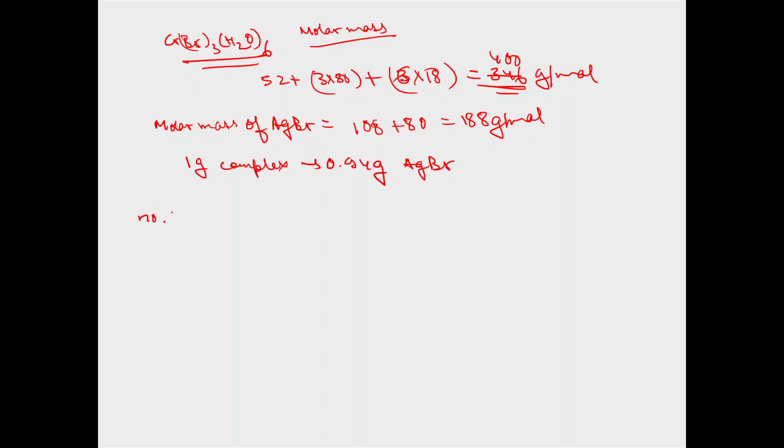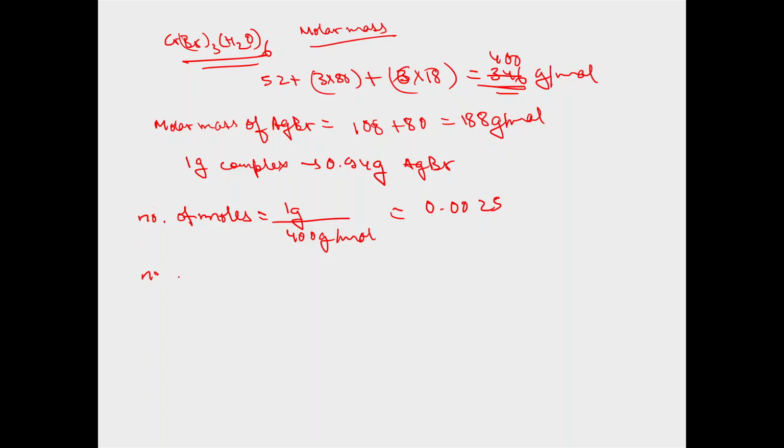The formula is number of moles equals the mass, that is 1 gram, divided by the molar mass, that is 400 gram per mole. So 1 by 400 is 0.0025.